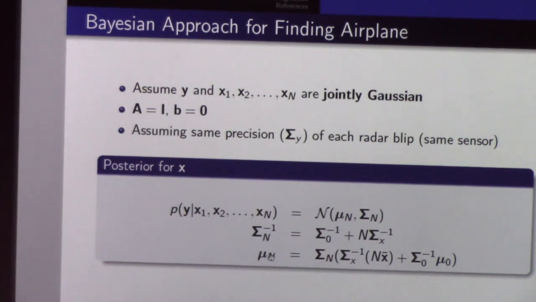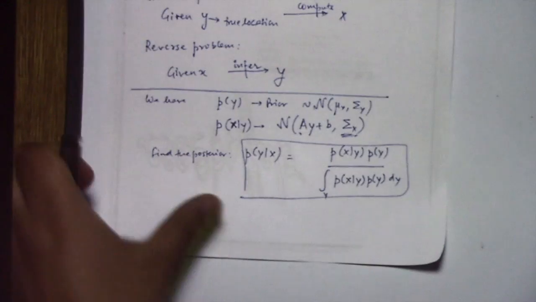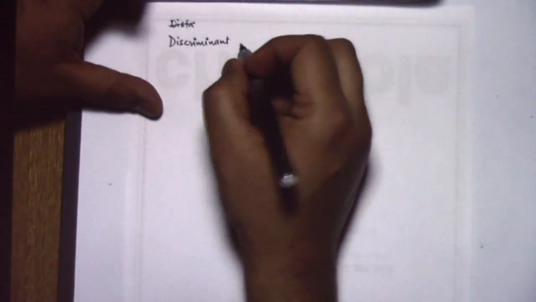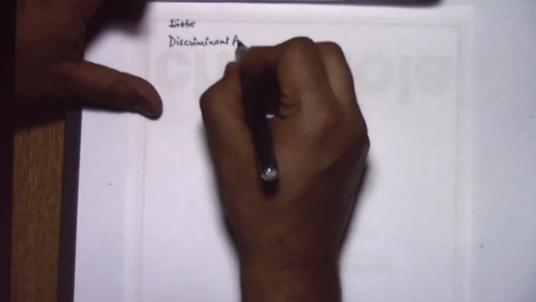So there, the problem was set up like this. This is what we call discriminant analysis. So what we did was we said that your y, right? We have two types of points.